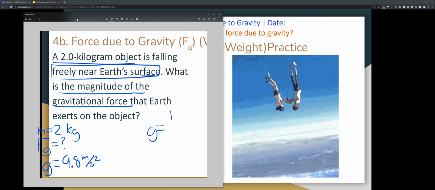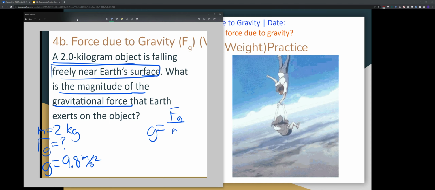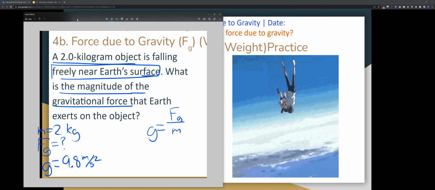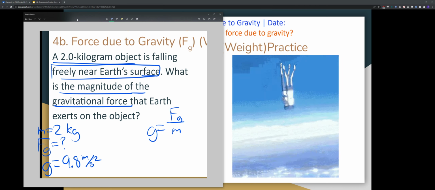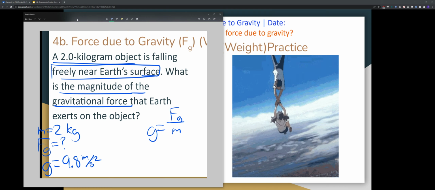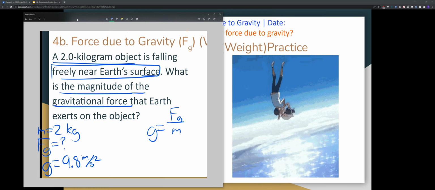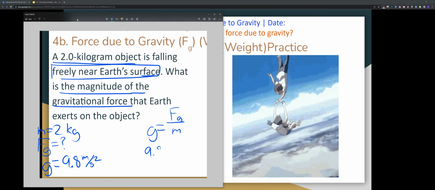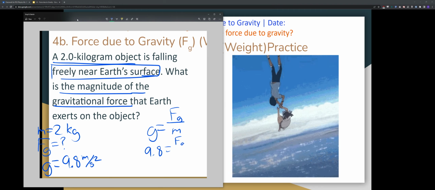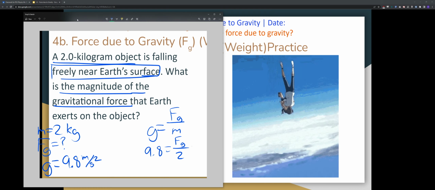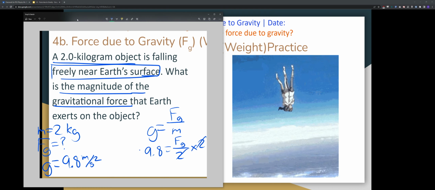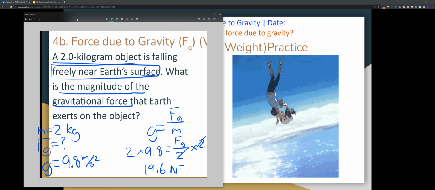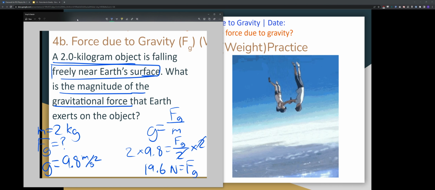So G is equal to Fg over m. If you're, for example, orbiting Earth, your acceleration due to gravity would not be 9.8, but near the surface of the Earth, it is 9.8. So G is 9.8, Fg over m, which is 2 times 2. So now you have 19.6 newtons as your force due to gravity.